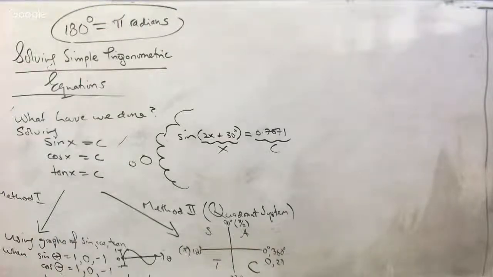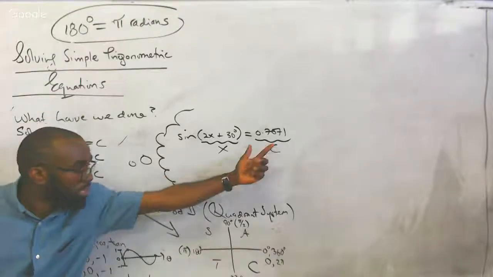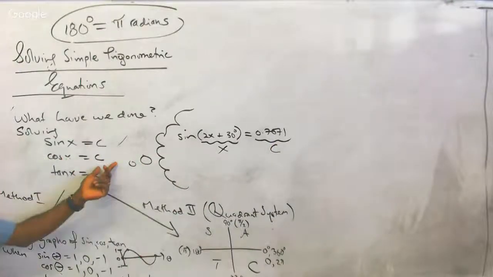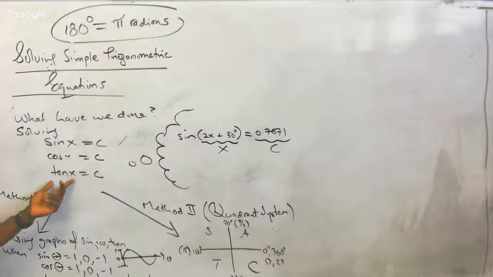So, recap one more time. What have we done? We have done solving sine of x, sine of a single angle, or sine of a bracket equals a single value, cosine of something equals a single value, tangent of another thing equals a single value. That's all we have done. Now, where are we going? Sometimes the examiner is not going to give us this.